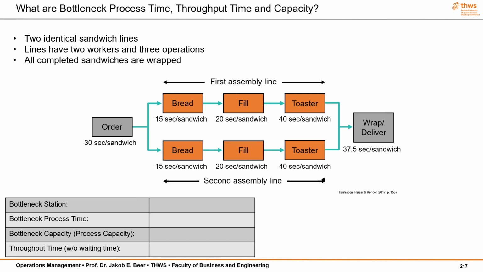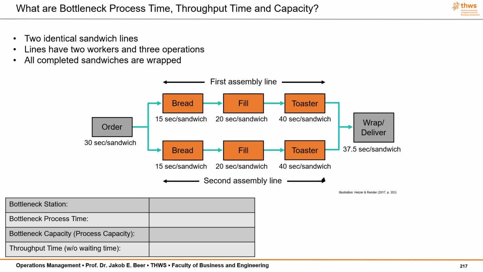Now, you have to pay attention to the different time units. So here we've got seconds per sandwich for the process time, but it probably doesn't make sense to know how many sandwiches we produce per second. That's not a reasonable measure. But it would be good to understand how many sandwiches we produce either per minute, but perhaps even better per hour.